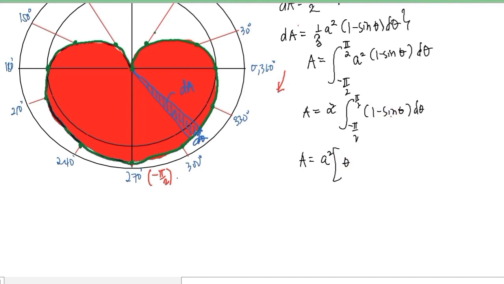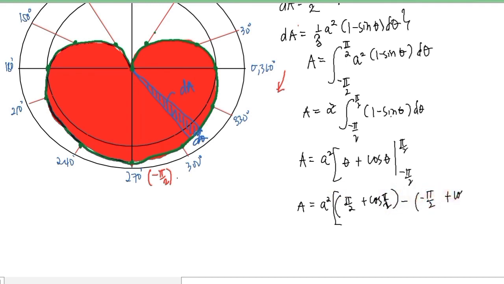So, since this is minus, that would be plus cosine theta. So, our limit here is negative pi over 2 up to positive pi over 2. So, evaluate natin to. Our area is equal to a squared. Upper limit, so that's pi over 2 plus cosine pi over 2. This is for the upper. Minus sa lower limit, that's negative pi over 2 plus cosine of pi over 2.